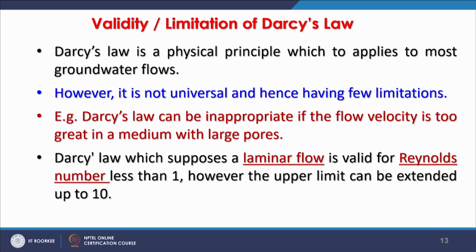So Darcy law assumes that the flow is laminar and the Reynolds number is 1 or less than 1. The upper limit can be extended up to 10, but slowly the estimations may go wild if we go beyond 1. So these are a few limitations on where Darcy law can be applied or not.